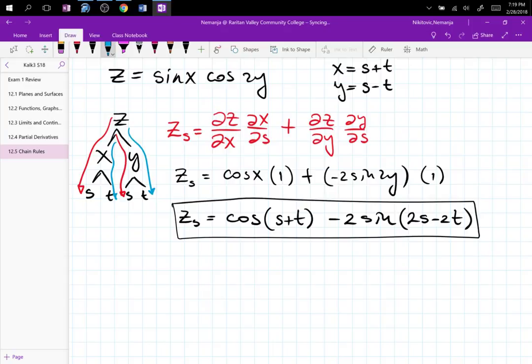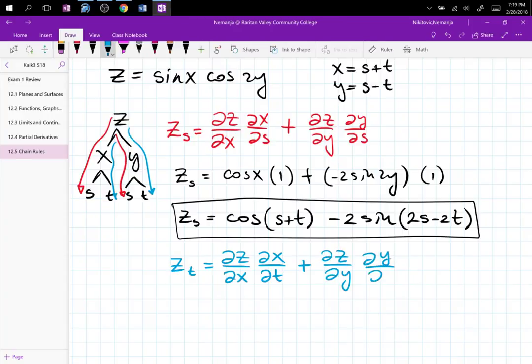Following the blue path, zt is again branching on x and y, and branching on each one of these s and t's, so we have all partial derivatives. So partial z, partial x, partial x, partial t, one more branch, so plus partial z, partial y, partial t.